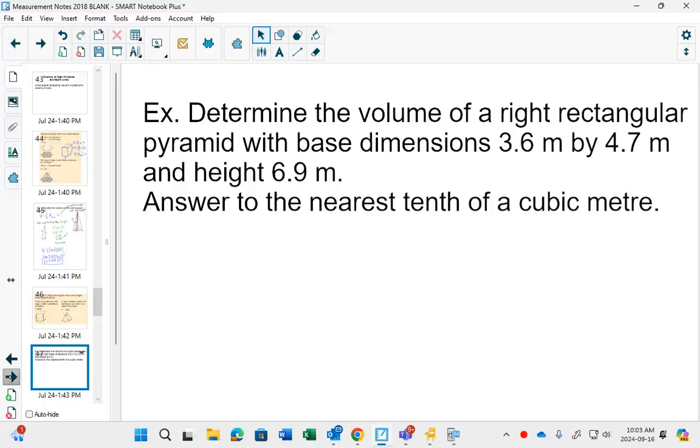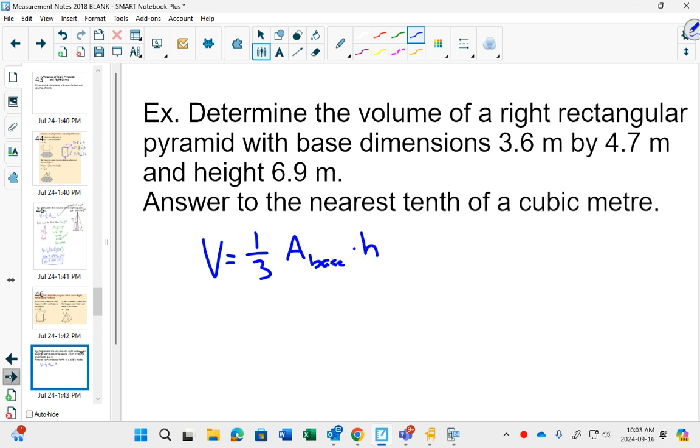Determine the volume of a rectangular pyramid with base dimensions 3.6 by 4.7 and height of 6.9. So I go to my formula sheet. It's a pyramid. And I have that formula.